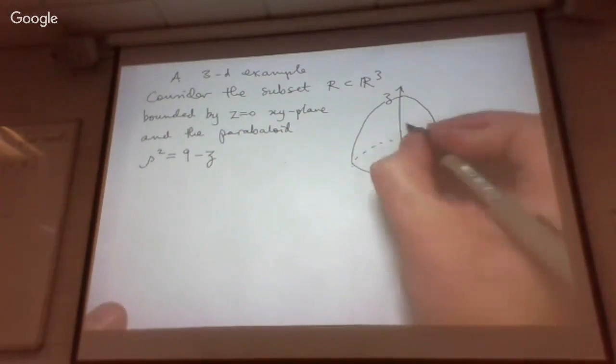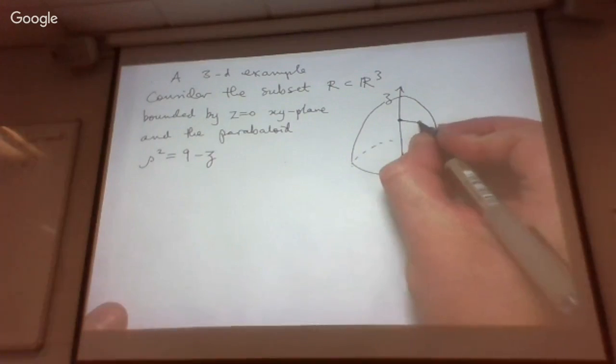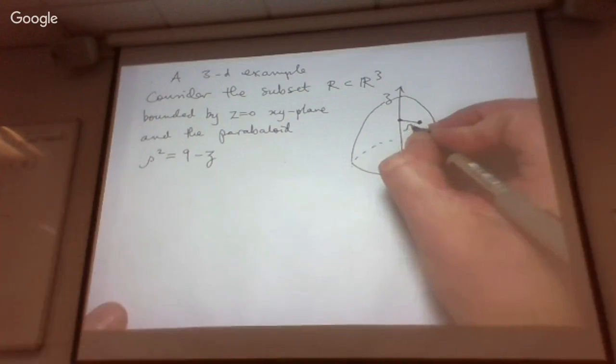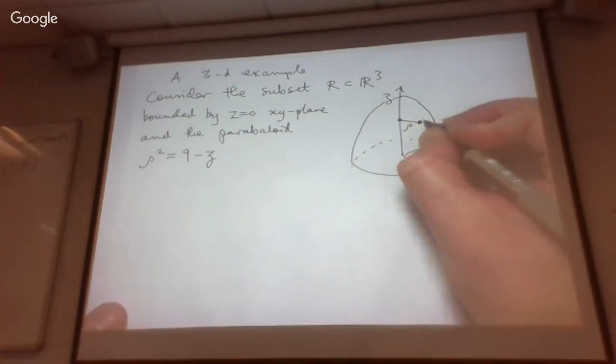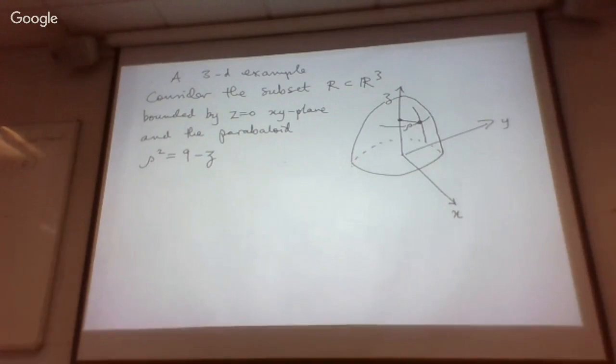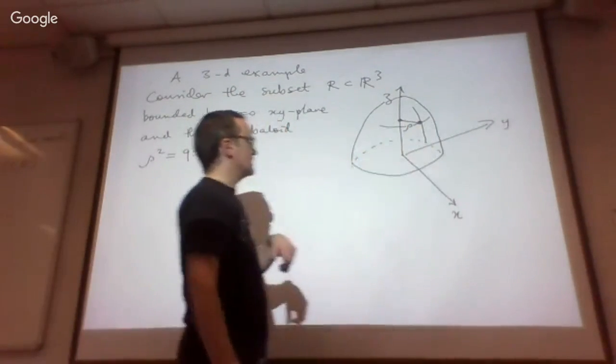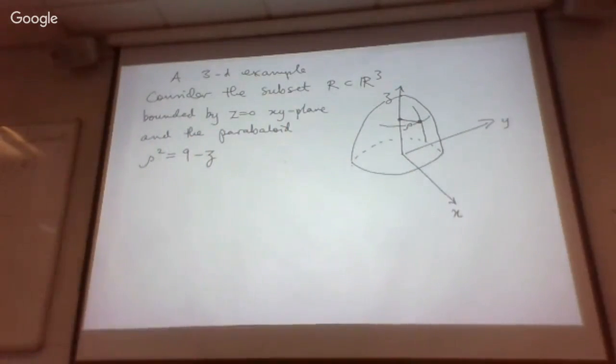Where rho is the projected radius of a point in 3 dimensions.